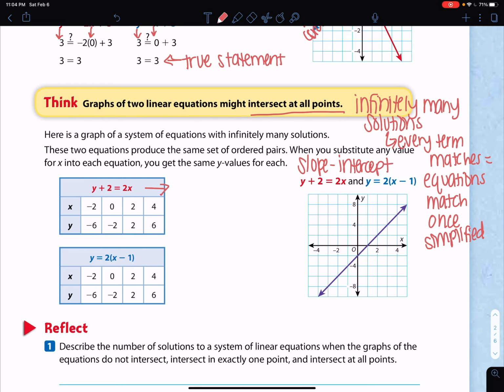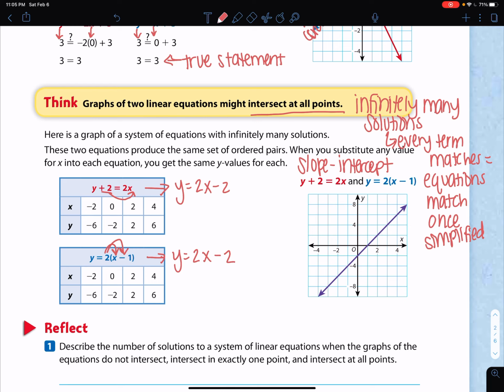So for the first equation, we're just going to move our positive 2 to the right side. So we're actually just going to subtract it from both sides. So we'll have y = 2x - 2 is our simplified equation in slope-intercept form. The other one, all we're going to do is just distribute the 2 to both terms inside our parentheses. So we'll have y = 2x - 2 as well.